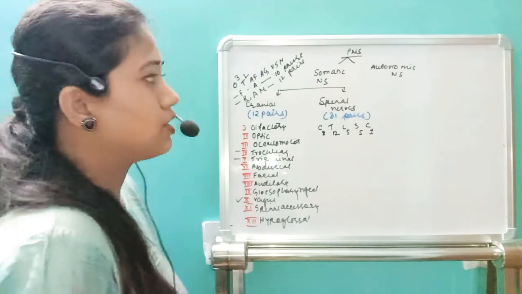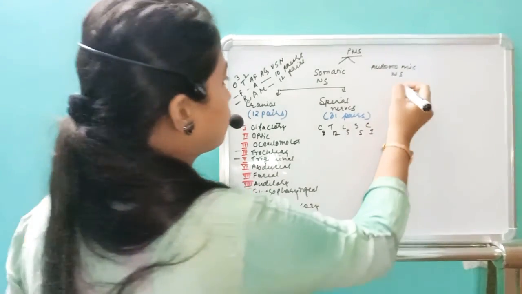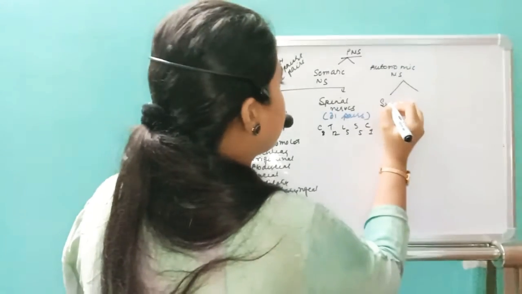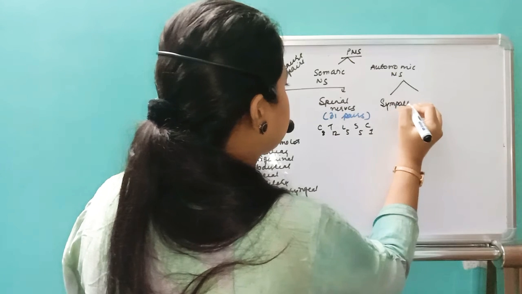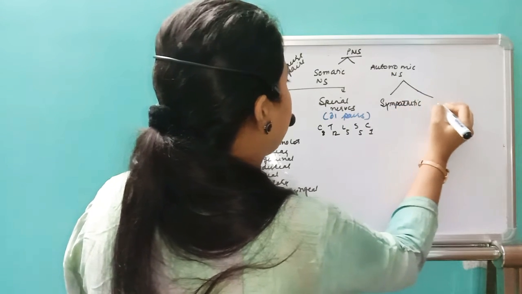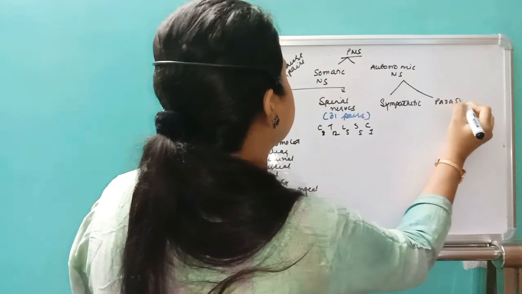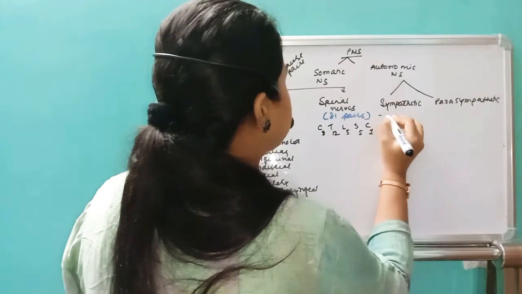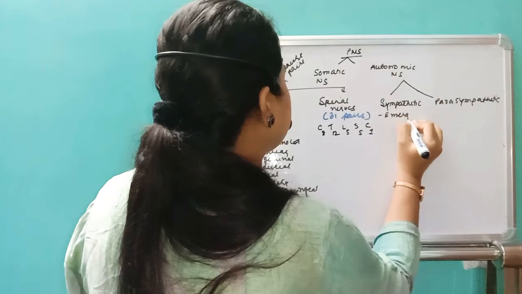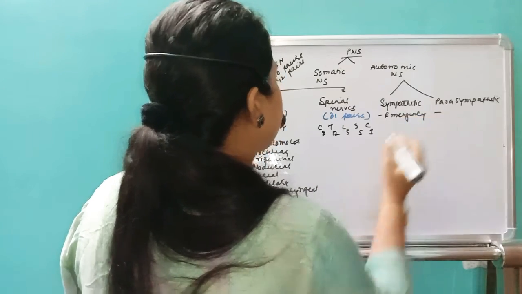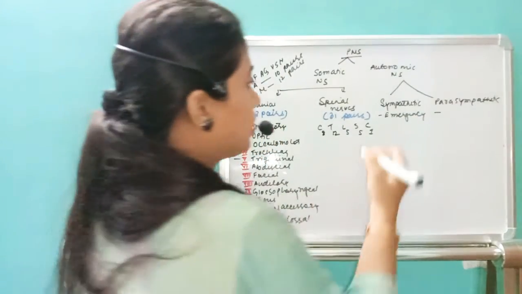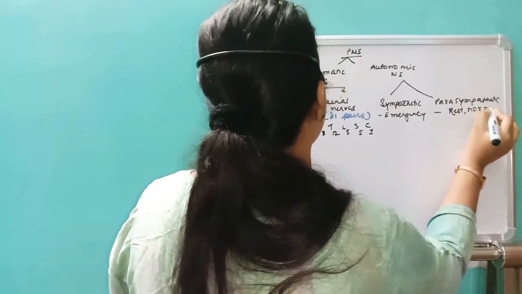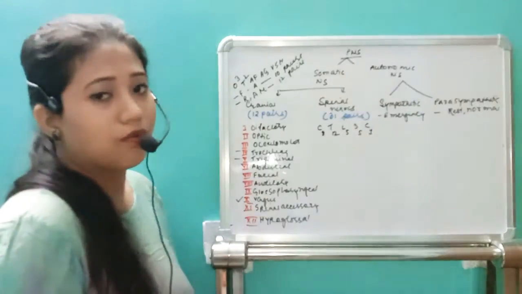Then after that, let's move to the autonomic neural system. If it comes to the autonomic neural system, how many divisions do we have? We have sympathetic and we have parasympathetic. At the time of emergency, the sympathetic nervous system will work, and at a time of rest or normal state, the parasympathetic nervous system will work.